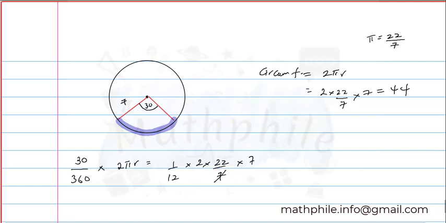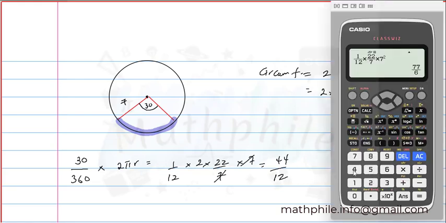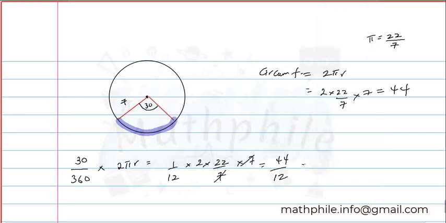So this cancels out, and this is basically 44 over 12, and 4 can divide both of them, so 44 over 12 simplifies to 11 over 3. Since this is not the entire circumference, we say that the length of the arc is equal to 11 over 3.